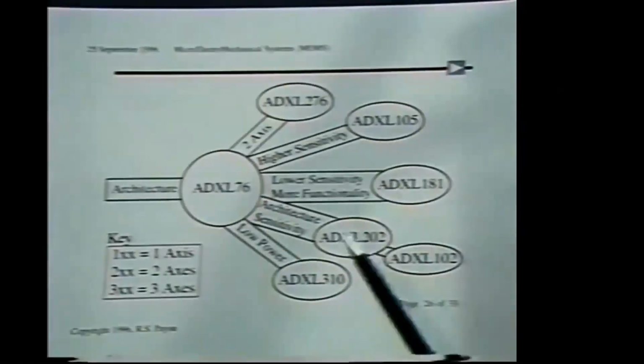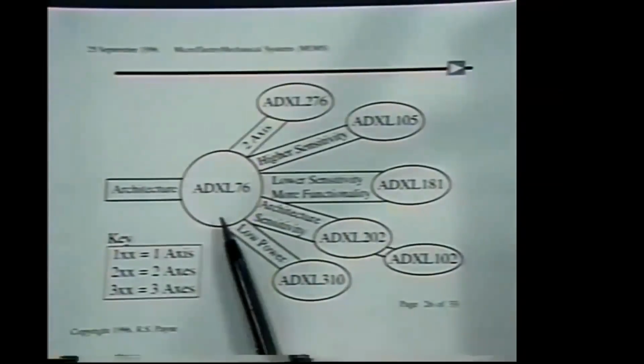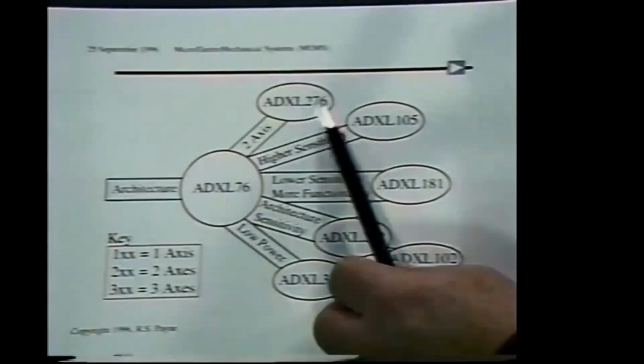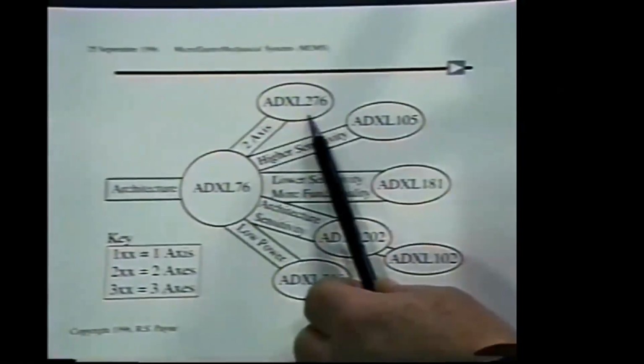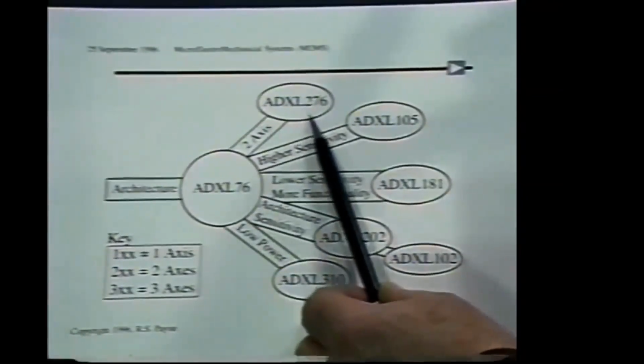It seems clear that since the sensor is on the surface, you can easily do a 2-axis device, and the 276 is a version of the 76, which actually has 2 sensors on the same die.